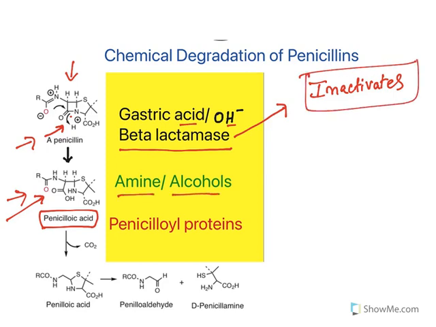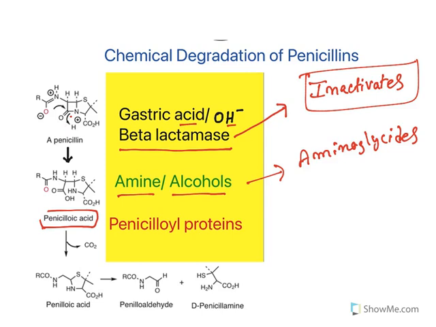Similarly, amines and alcohols also react and open this ring. That is the reason why aminoglycosides should not be given along with penicillins. Aminoglycosides contain an amine group which will react with penicillin and open this ring, and that inactivates the penicillins. Now the last one. See, this penicilloic acid undergoes decarboxylation and gives penilloic acid, and it is converted to penilloaldehyde and penicillamine.